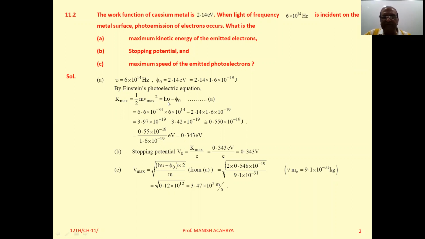But this h nu minus phi0 we already calculated. So substitute that particular value directly here into 2 and divide it by mass of electron, 9.1 into 10 raised to minus 31. Then solve it. You will get maximum speed of emitted photoelectrons. Clear to all of you?